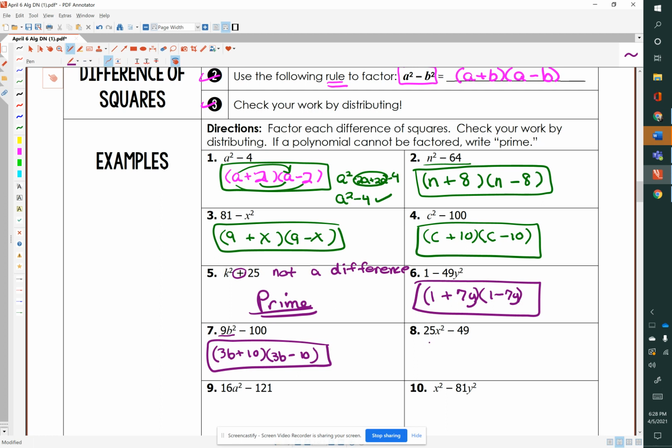So number 8, we have 25x squared minus 49, 2 perfect squares. So we're going to start out with 25 would be 5x times 5x gives us 25x squared. We put our plus and our minus, and then our 7, because 7 times 7 is 49.